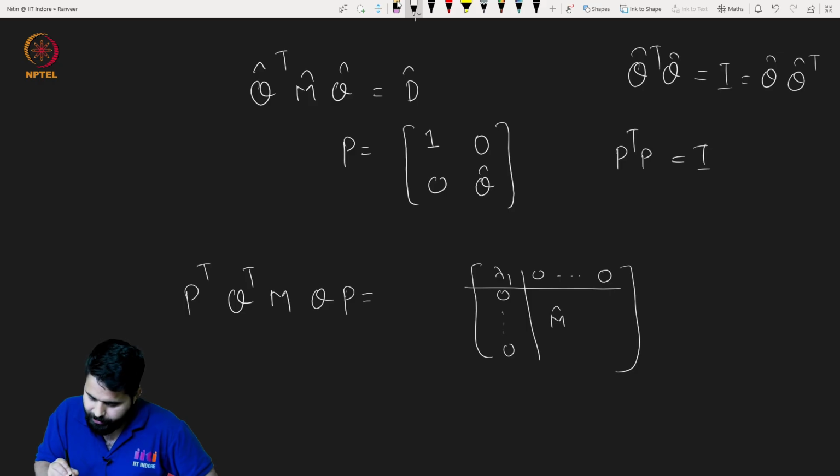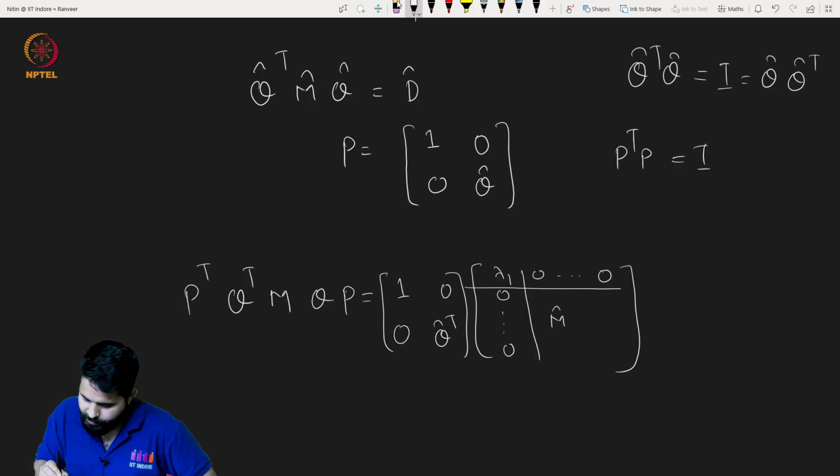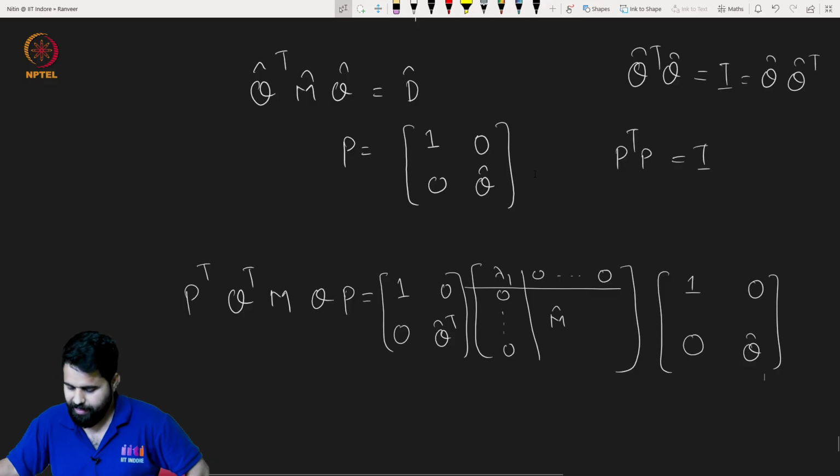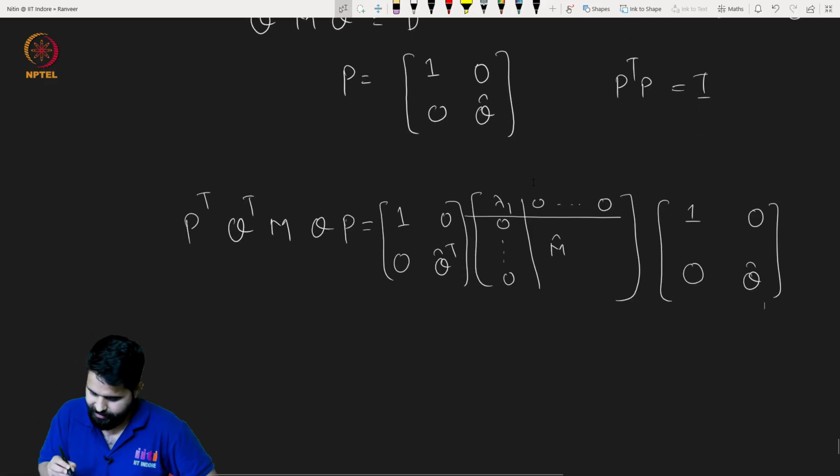So if I do P transpose, that means 1 0 0, Q hat transpose, times this, times 1 0 0 and Q hat. Sorry. What will it give? It will give you nothing but this.